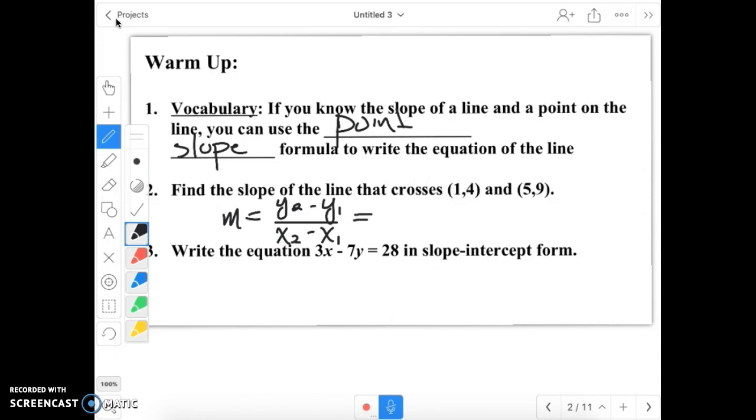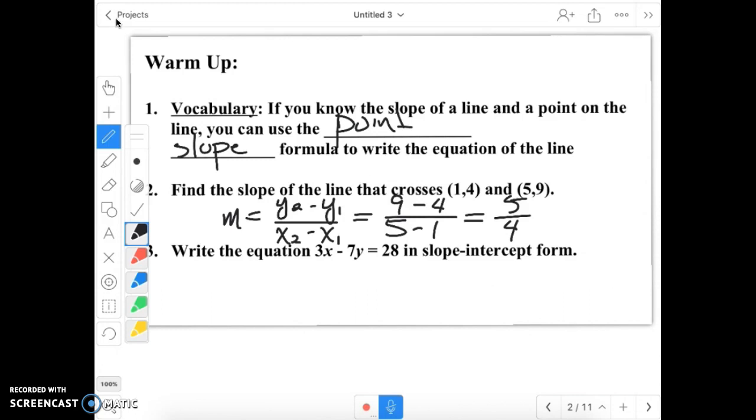So for example, if I pick 9 to be my y2, I would have minus 4. But that means I have to start with 5 because that's the x value that goes with 9. So 9 minus 4 is 5, and 5 minus 1 is 4. So that slope would be 5/4 for us there.